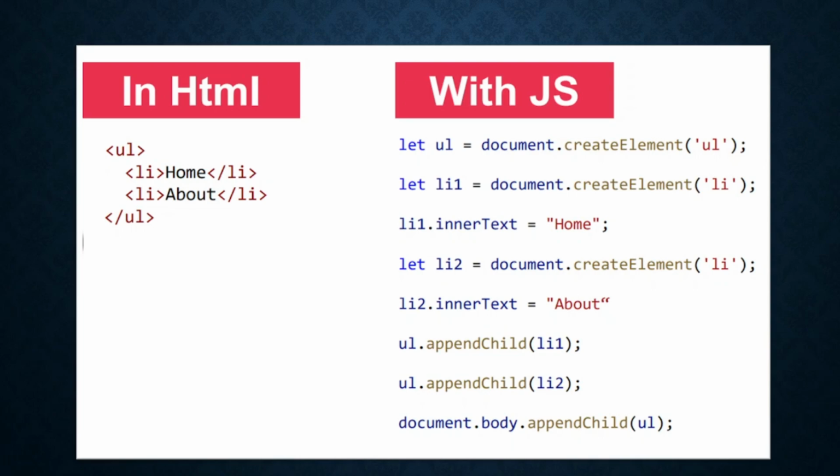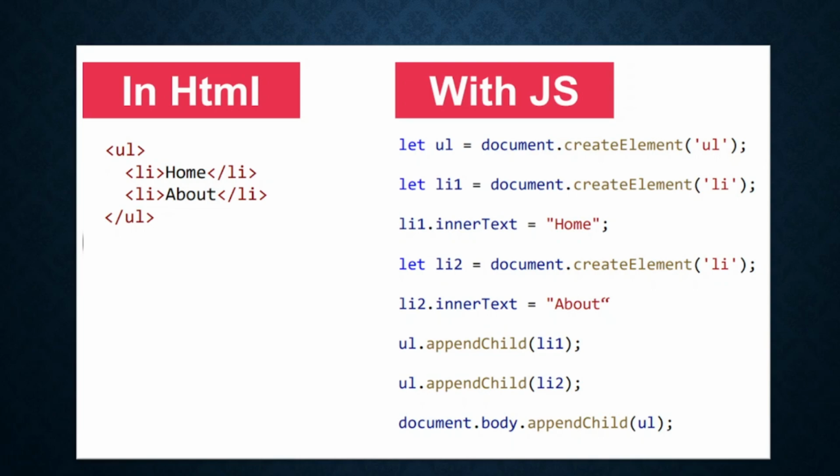And if you want to use the same tags using JavaScript, we need to declare them as let ul, then document.createElement. See here, we can see the same createElement we used in React, in our index.html file, right? Similar to that, we declare let li1, and again document.createElement with name li.